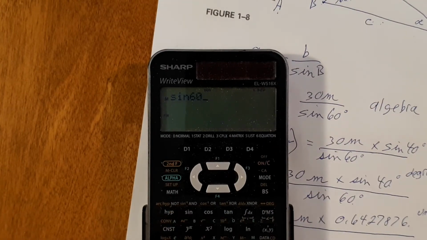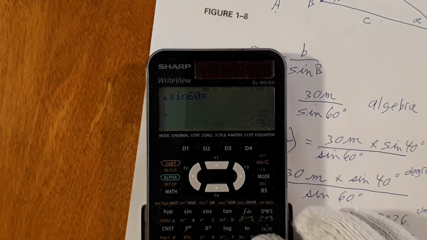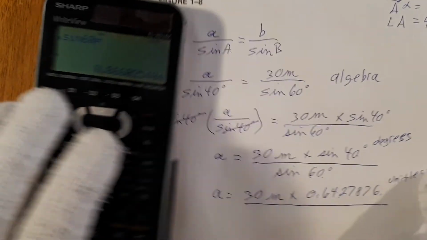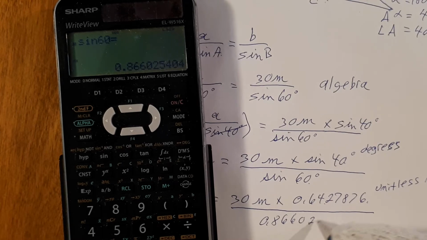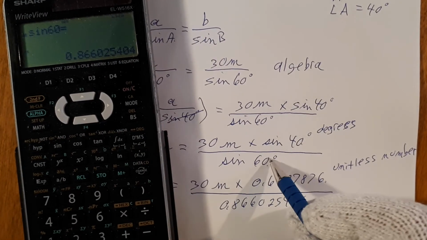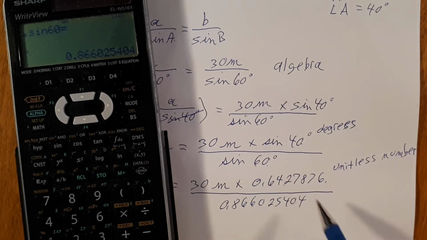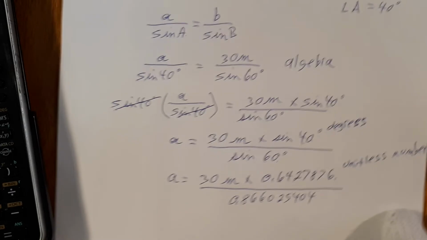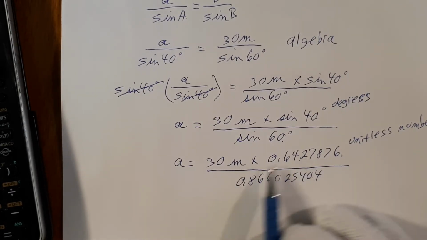Sine 60 degrees is equal to root 3 divided by 2, that will be an exact value. I'm going to change that to decimals, and it's 0.866025404. And same as before, you take the sine of 60 degrees, it becomes a dimensionless number, no units. So we have 30 meters times a number divided by a number.